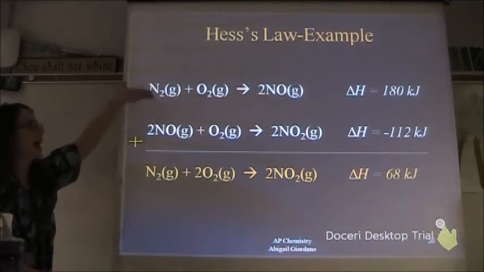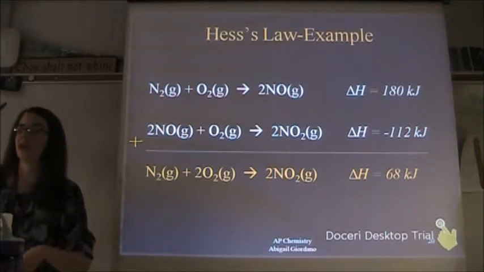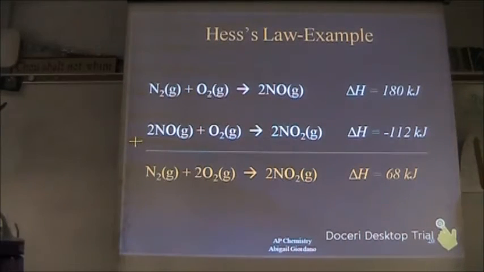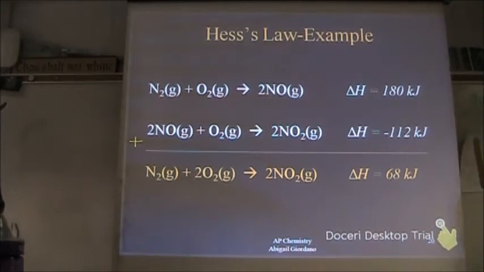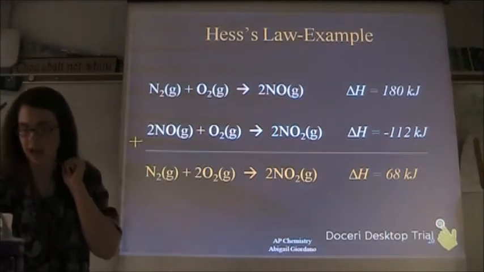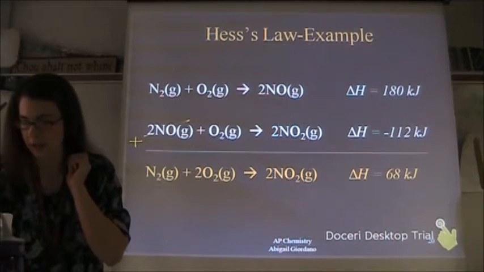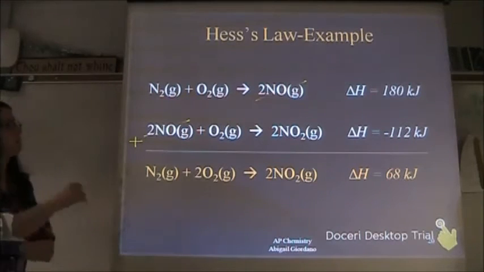When you add equations together, we did this when we were balancing redox reactions. Do you remember that you can cancel out things that are identical on either side of the arrow? Just look at the equations in white. Do you see anything that I can cancel out? 2NO gas, absolutely. Gone, gone.